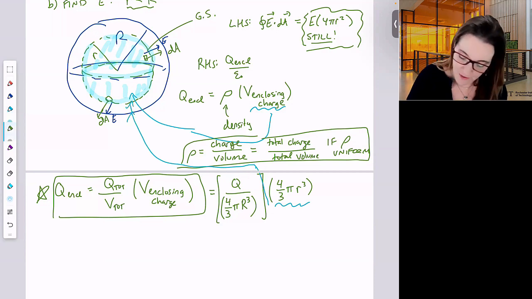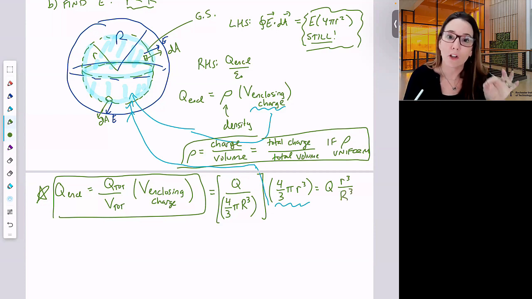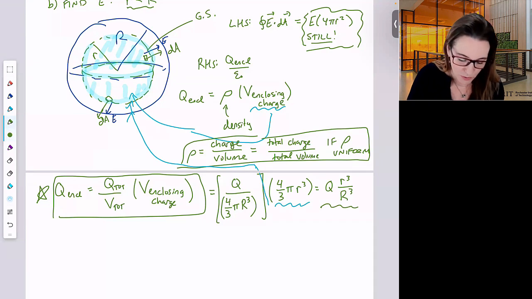We can simplify this, and the 4/3 pi's cancel, and we just get Q times essentially the ratio of these volumes, which is little r cubed over big R cubed. So that's my Q enclosed.